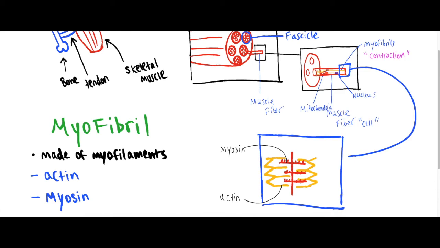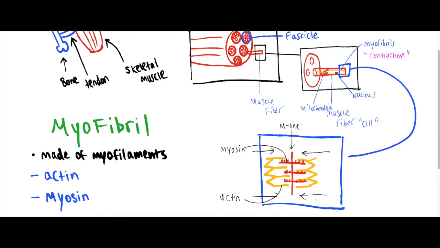The actin is actually connected to the Z line right here. And the myosin, with the myosin heads right here, are going to latch onto actin and pull it towards the center. The center is called the M line right here. The myosin is connected to that M line.